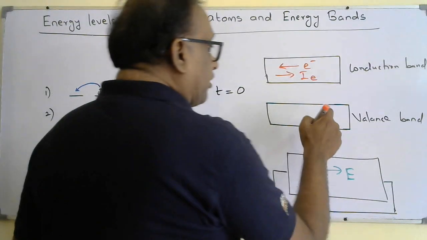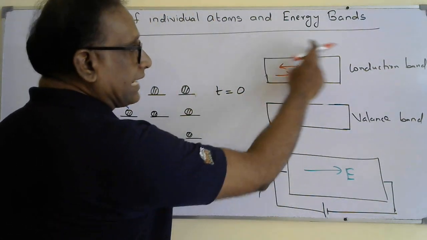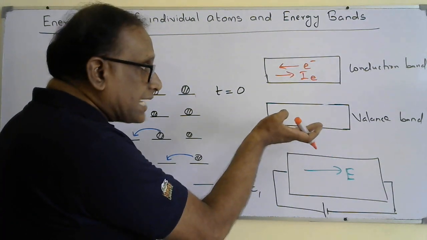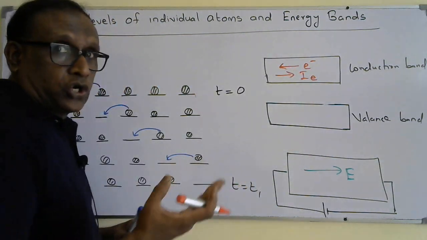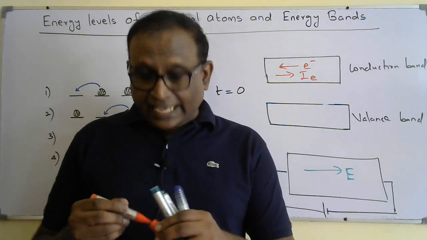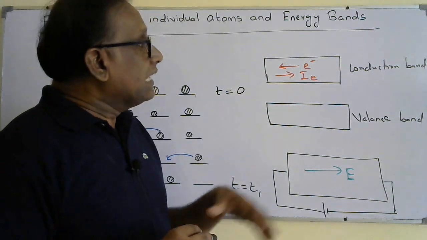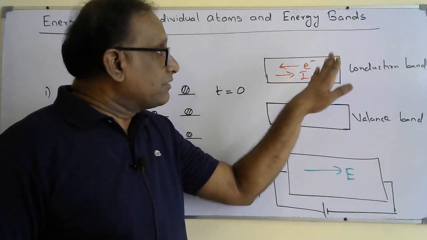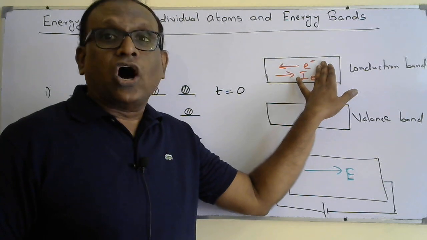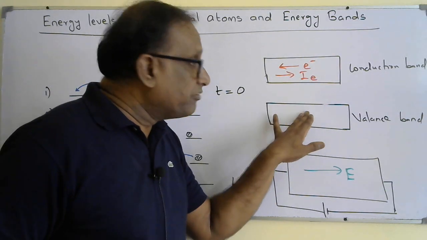Now think about the valence band. The electrons in the conduction band are excited from the valence band. I told you that normally at 0 Kelvin there won't be any electrons in the conduction band. Whatever electrons are in the conduction band are excited from the valence band.